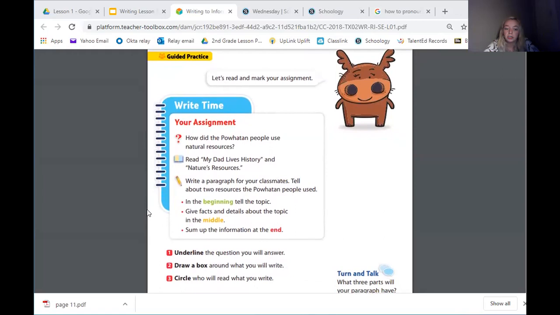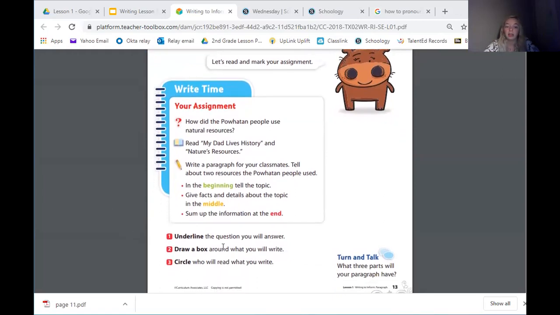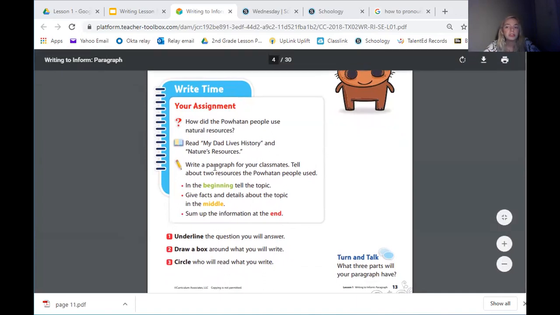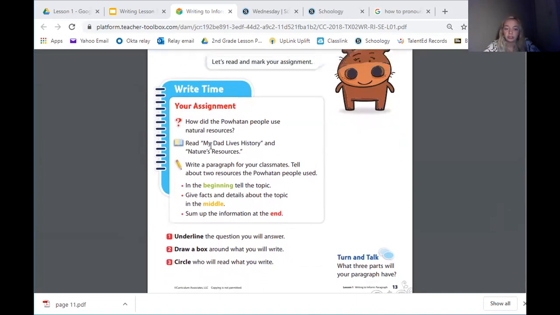Okay, so we have some directions we need to follow about our assignment. And they are right here. We're still on page 13. And we're looking under our assignment right here where it says underline. So number 1, underline the question you will answer. So let's look back at our assignment. Which one do you think is the question we're going to answer?